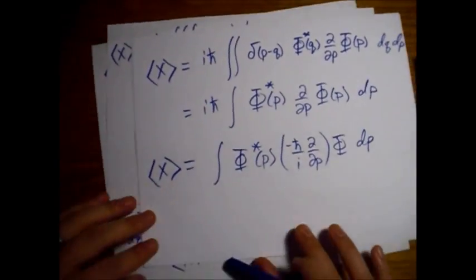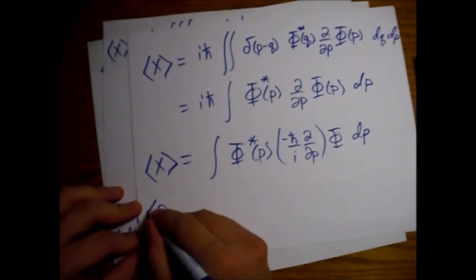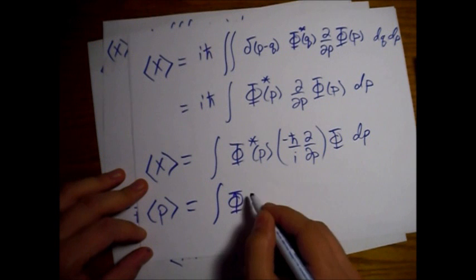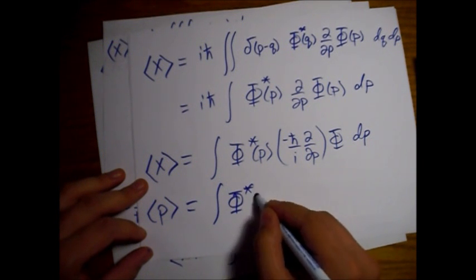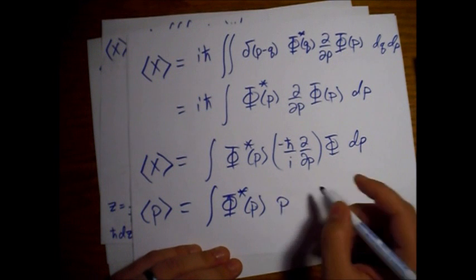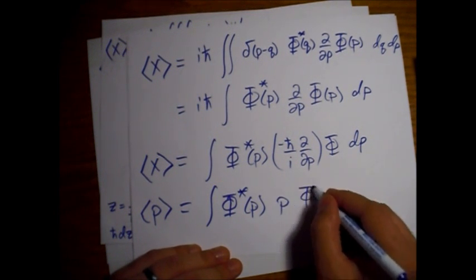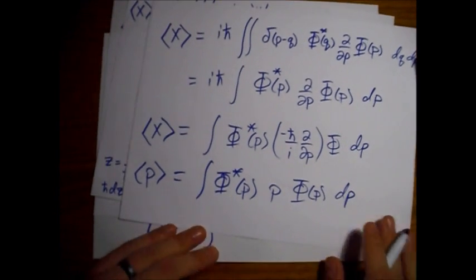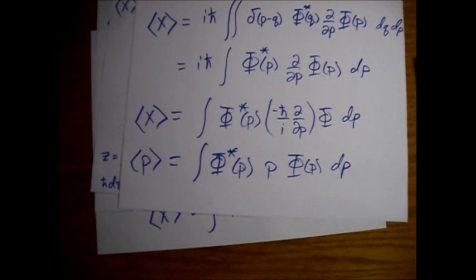If we were to take the expectation value of momentum in this space, it would look just like this, except we don't need an operator for momentum in momentum space, we just put in momentum. So anyway, that's just to show how this generally works.